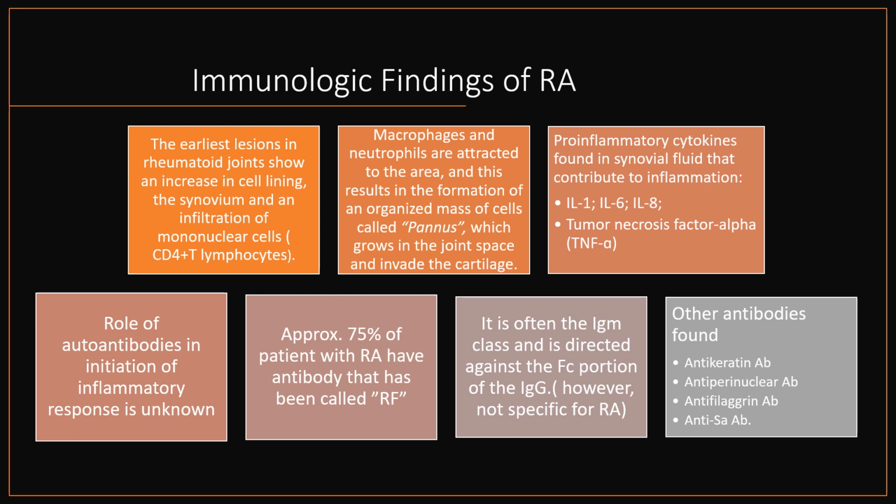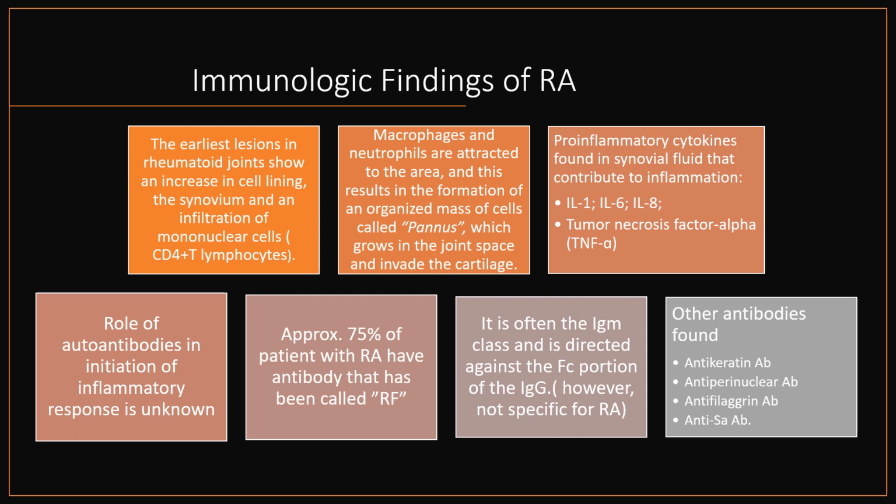While the balance between inflammatory and anti-inflammatory cytokines appears to be tipped towards continual inflammation, pro-inflammatory cytokines found in synovial fluid that contribute to inflammation are interleukin-1, interleukin-6, interleukin-8, interleukin-15, interleukin-18, and tumor necrosis factor alpha, or TNF-alpha.